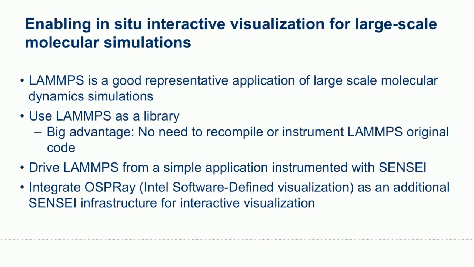We're going to have our driver application load up LAMMPS, set it up, and then we're going to make calls into LAMMPS to tell it to compute, to advance its solver, and then we're going to get the data out of it. So the advantage of this is that we don't need to touch LAMMPS internals at all. It's not possible to do this with all simulations, but with LAMMPS, it's possible to use it as a library.